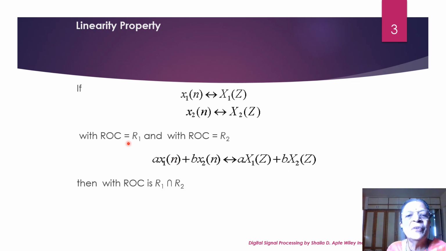Now in this case, if ROC is R1 for the first sequence and ROC is R2 for the Z transform of the second sequence, then the effective ROC for the linear combination will be R1 intersection R2. Intersection means it is the common area of convergence for the two Z transforms.